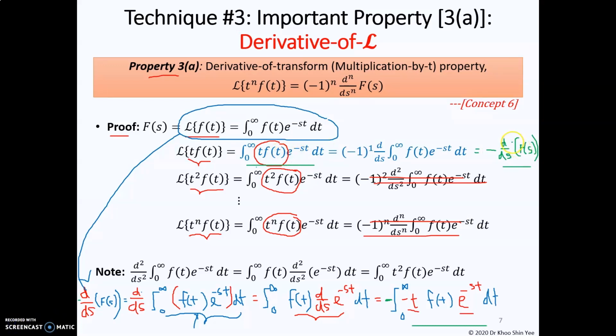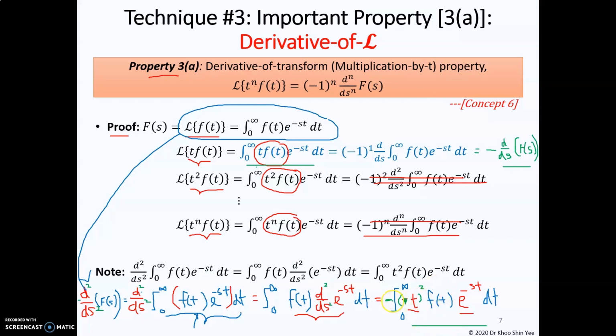Let's continue to differentiate this term with respect to x. If you differentiate it, you get d squared over dx squared here also. For the exponential negative xt, if you differentiate once, you get negative t. You differentiate again, you get negative t again. So this is to the power of 2. Negative t squared is equal to t squared.